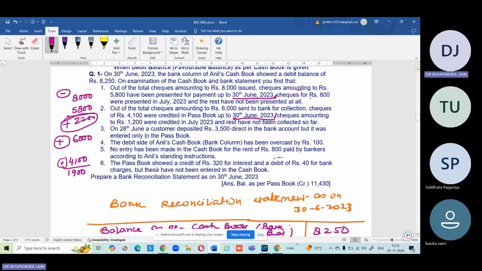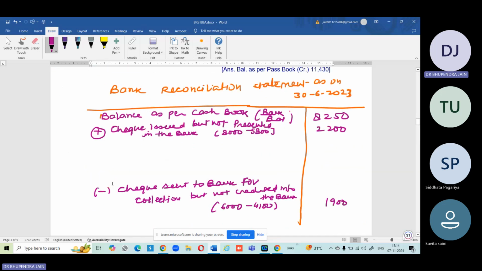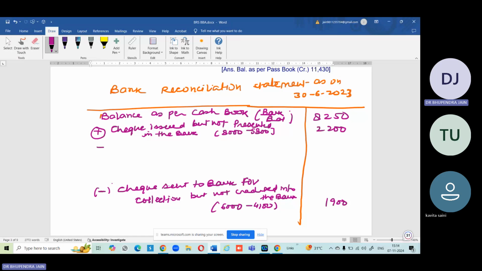A check worth rupees 3,500 was directly deposited by the customer into the bank. So the bank has already increased the balance by rupees 3,500, but you failed to record the transaction in the bank account. That's why we have to increase your balance. What will we do, dear? We will add.